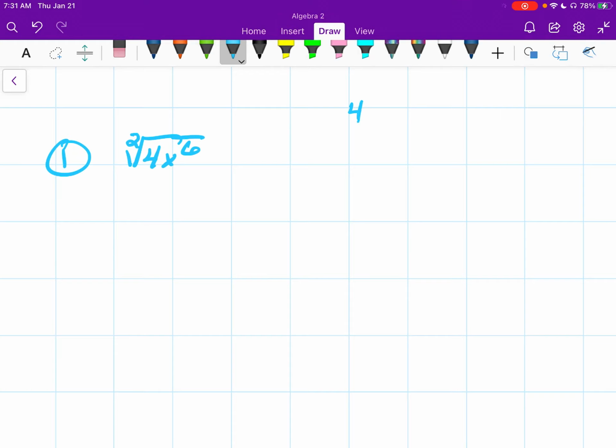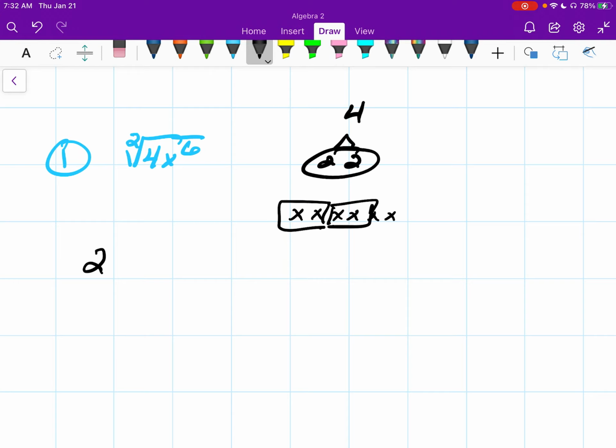So 4 splits up into 2 and 2, so the 2's, a pair of 2's, can go outside the root. X to the 6th is like 2, 3, 4, 5, 6 x's, and I can have 3 pair, right? So I have 3 x's on the outside, so it'll be 2x cubed.